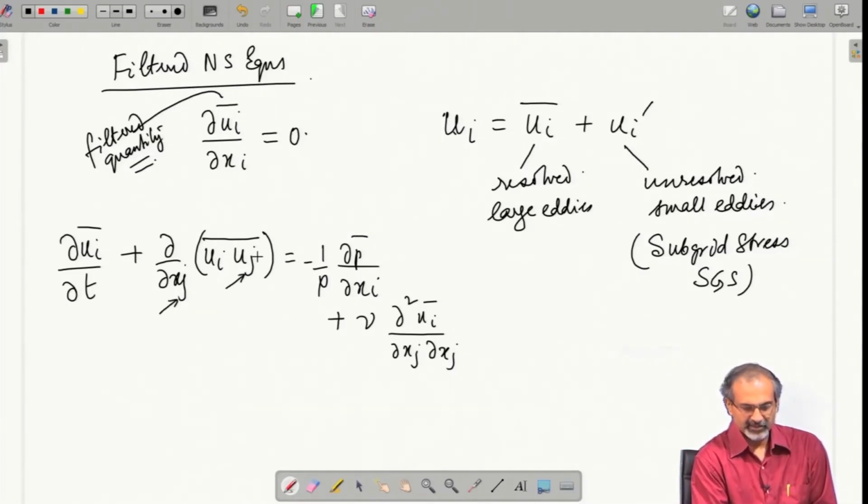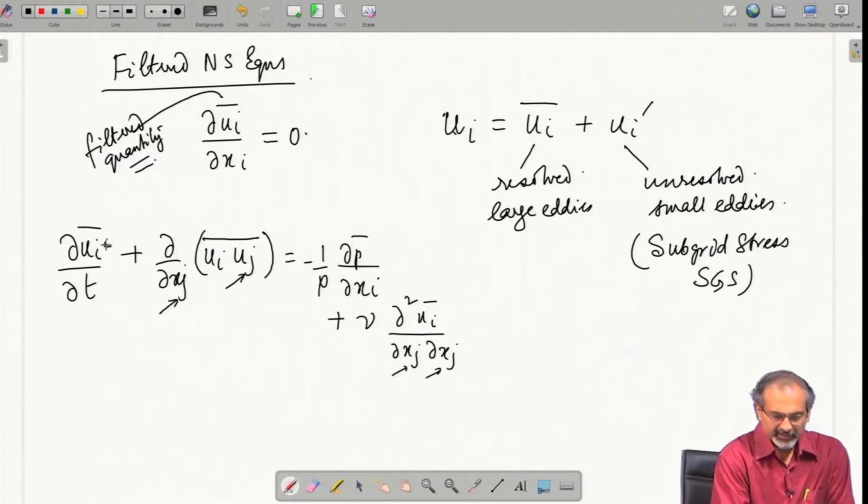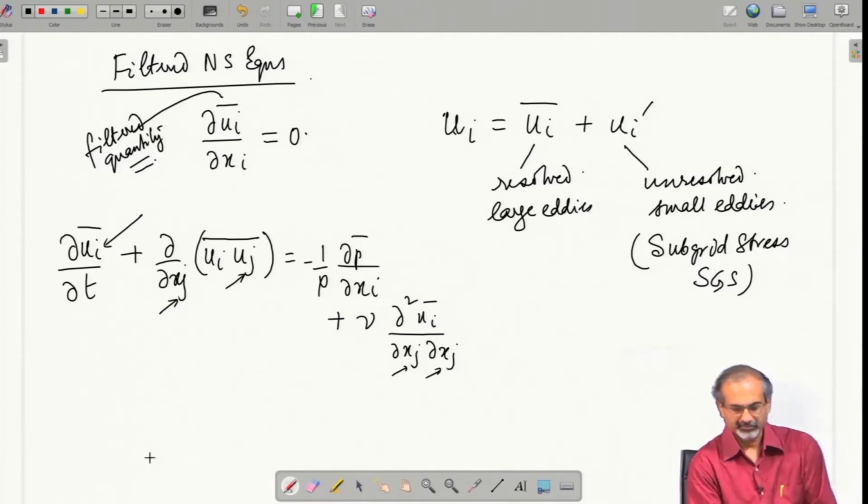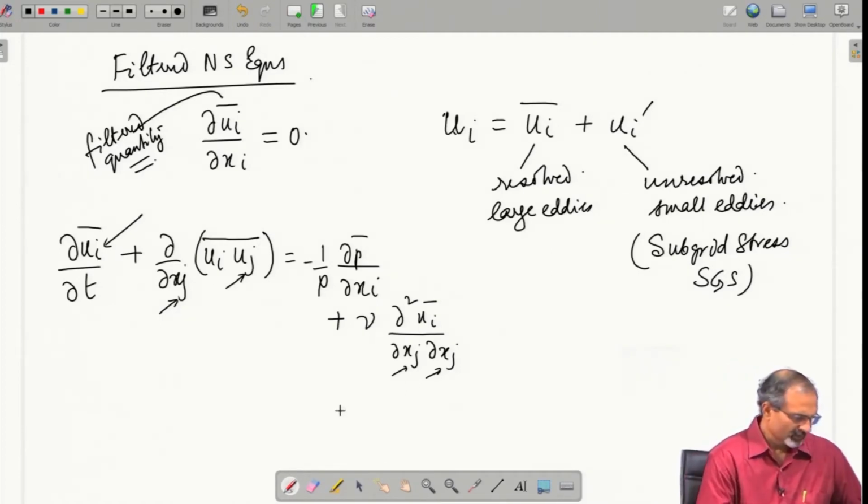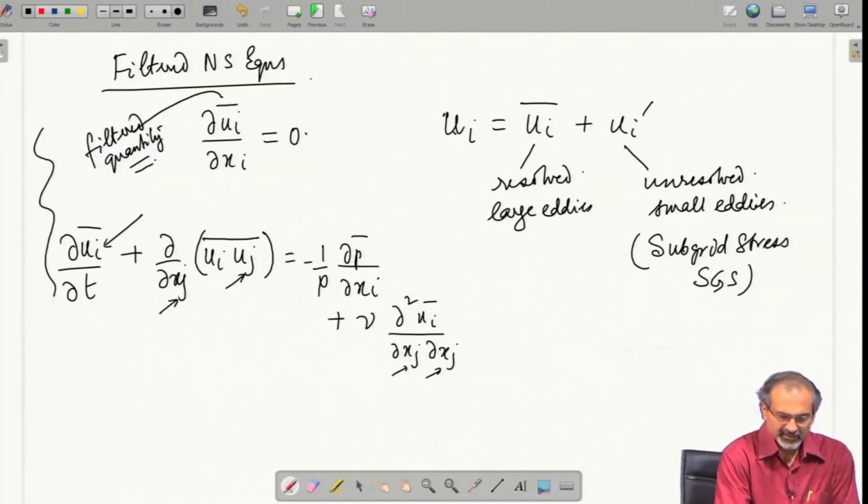Here the index j is repeating, here again j is repeating, and so on. And this is a conservation equation for the ith component of velocity. Now, these equations essentially model the large scale motion.